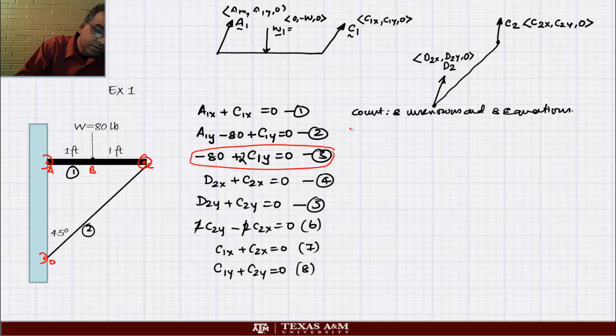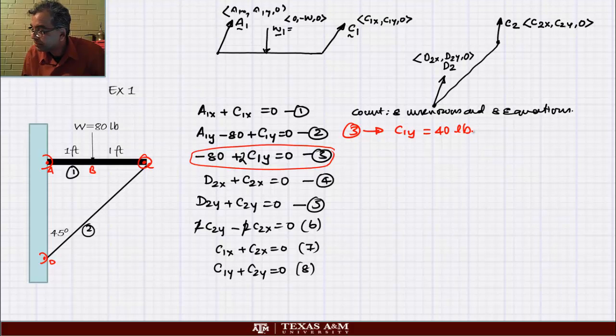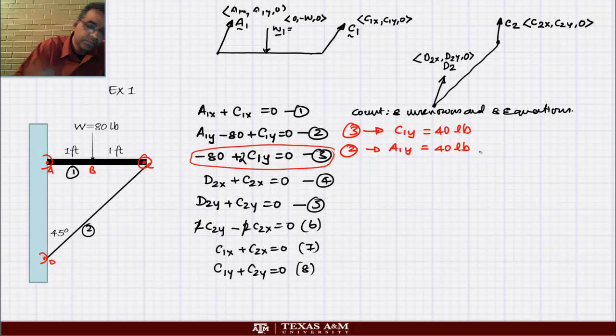I'm going to solve it from here. Notice 3 will give me C1y equal to 40 pounds. That's really good. Then what happens? If I take that, 2 will give me A1y equal to 40 pounds. Okay, that's very nice. But how do I get C1x? So I am looking around and it turns out that C1x equals C2x, from 6.